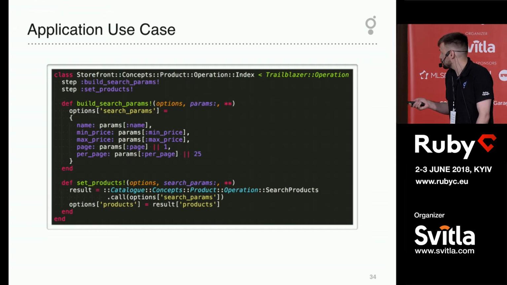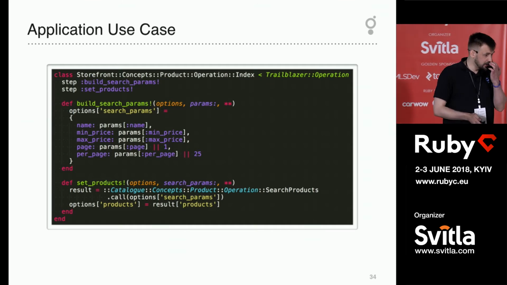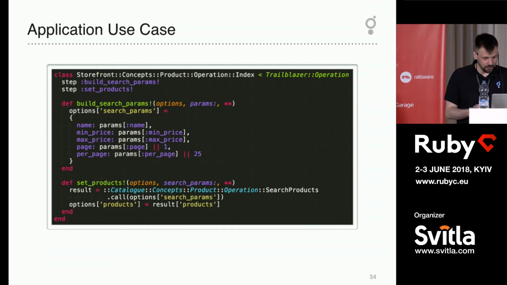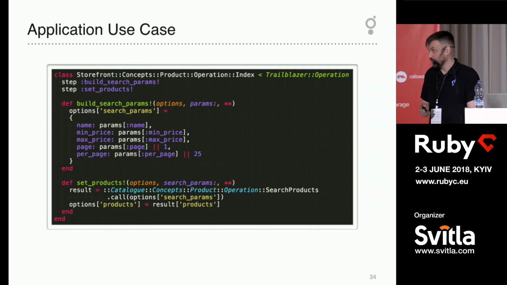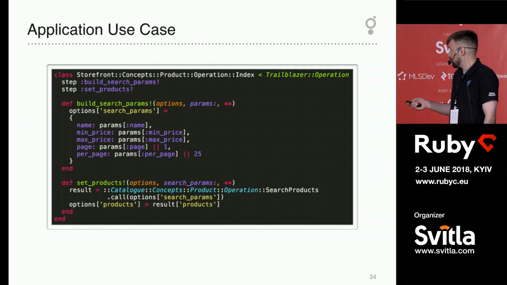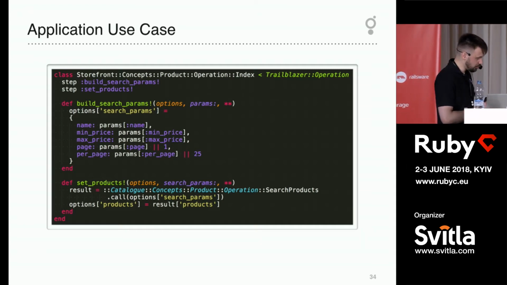An application use case typically uses a domain use case. So why do we need these two levels of use cases? Because an application use case can use different types of domains.